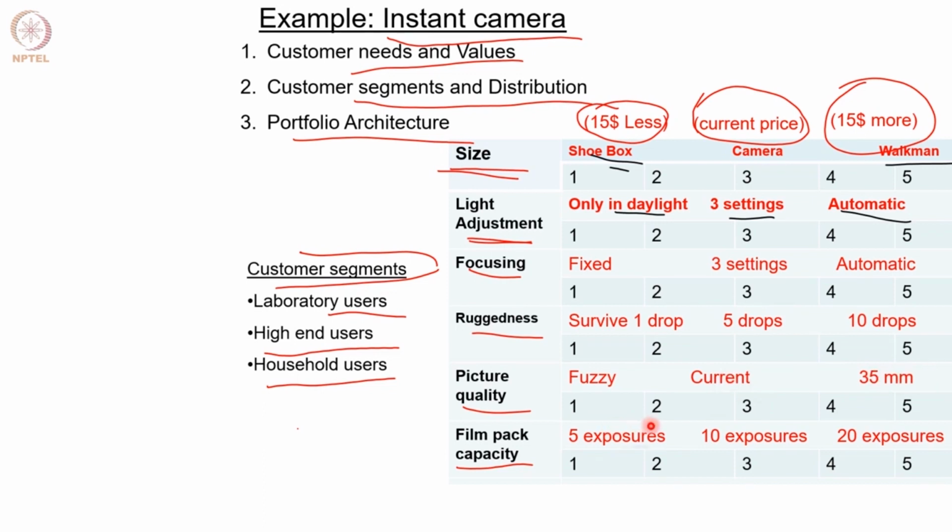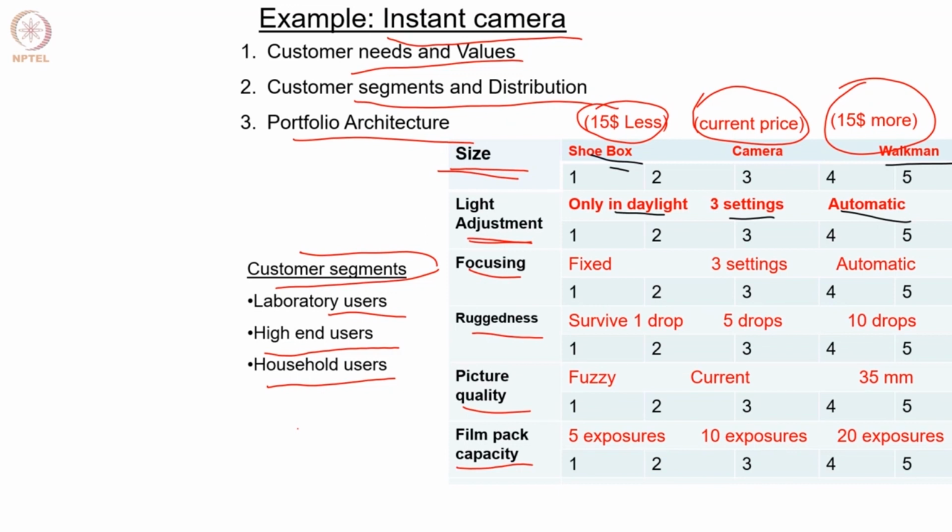Film pack capacity: 5 exposures, 10 exposures, 20 exposures. Style: current style, modern style and very outdated style. So, you are giving the options to the customer to say, this is what we can provide, tell me what you want. For each one of these: what is the size you want, what is the focusing, what is the light adjustment, what is the picture quality. Like that you need to tell.